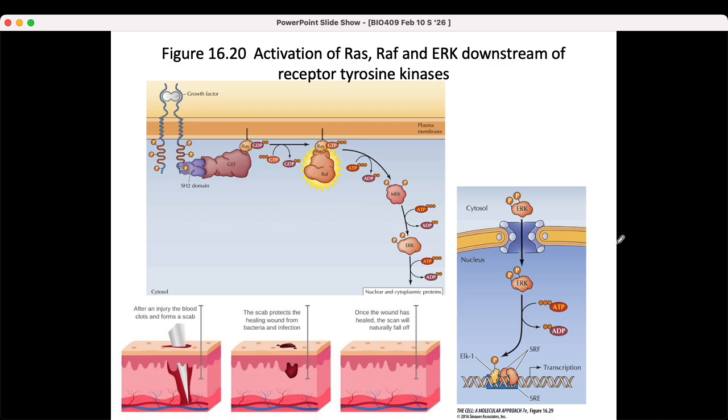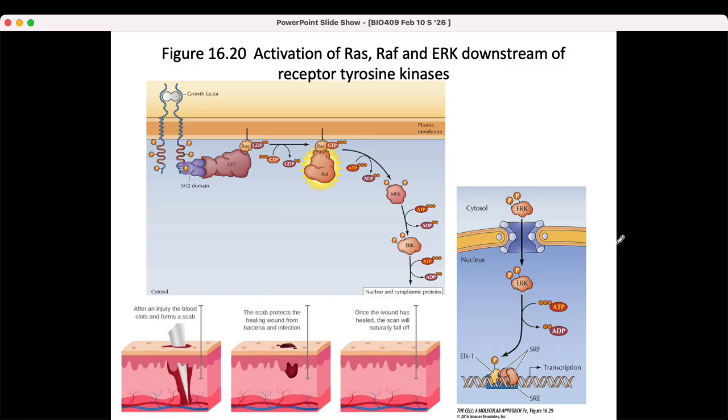Whereas the next thing is that is going to bind to RAS, and RAS is super cool for learning because it's got an Achilles heel. It turns itself off. So when it's activated, it changes GDP for GTP, and it's active as long as it's bound to GTP, and the way it inactivates itself is it hydrolyzes, it breaks down GTP to GDP.